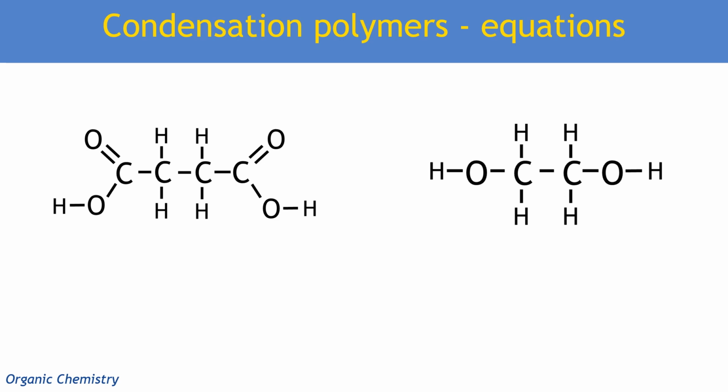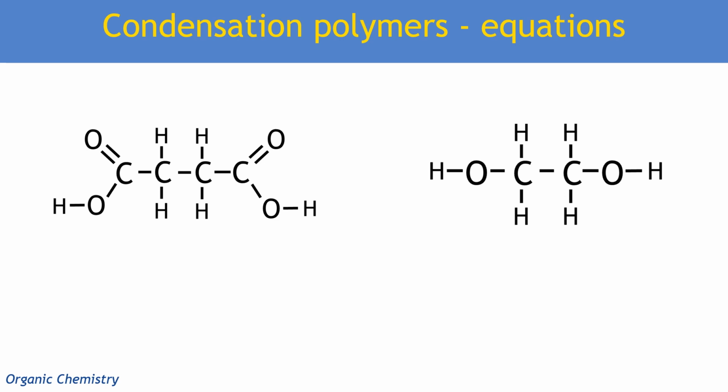So an alcohol isn't going to react with another alcohol, and a carboxylic acid isn't going to react with another carboxylic acid. So you need 2 functional groups. They both need to be able to lose an atom or 2. So one of them is going to lose an H, that's always the case. The other one is going to lose an OH or a Cl.